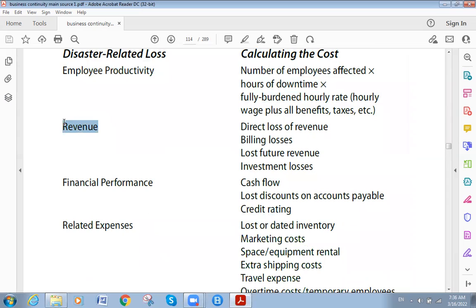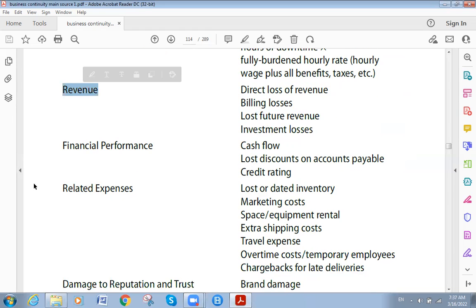The revenues, how to calculate the revenues? These are to translate it into numbers: direct loss of revenues, the billing losses, the lost future revenues, and investment losses. So those are regarding the revenues.